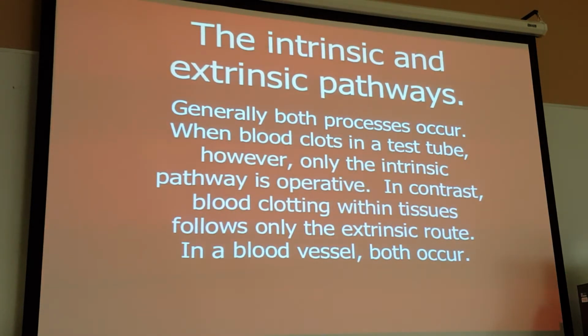Extrinsic means it needs some help from the outside. The extrinsic pathway always involves tissue. But in the absence of tissue, blood will clot by itself. So the two pathways always happen in real life. They're always happening together.